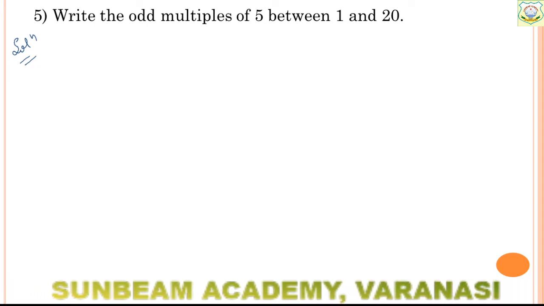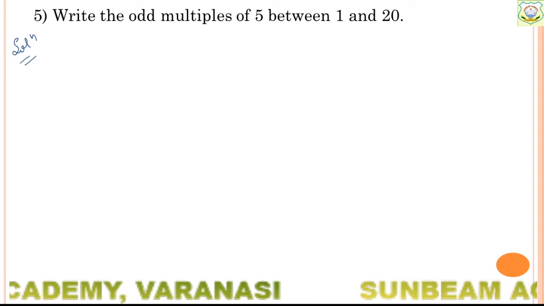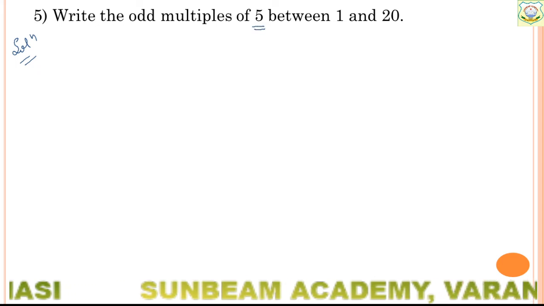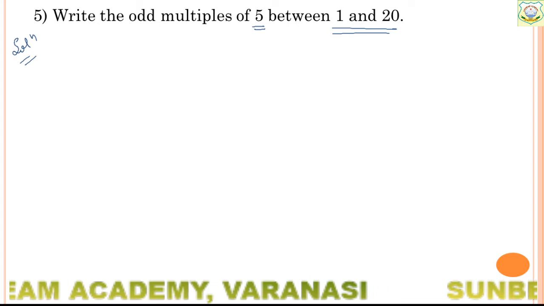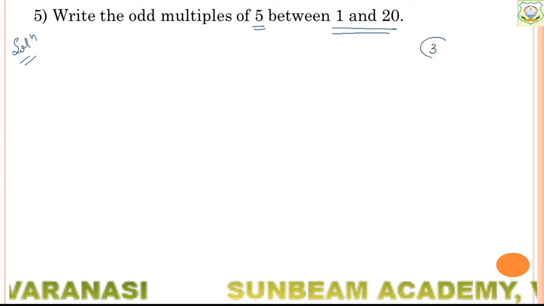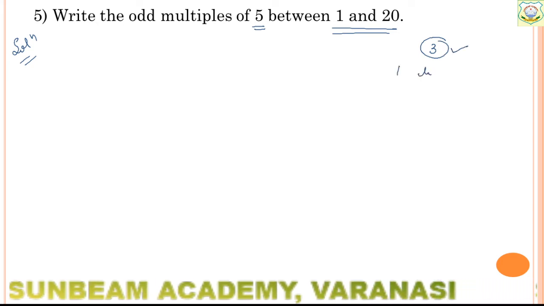So the question is saying write the odd multiples of 5. We have to write the odd multiples of 5 between 1 to 20. Okay? So for example, there is a number 3. We have to write the odd multiples of 3 in between 1 to 10.